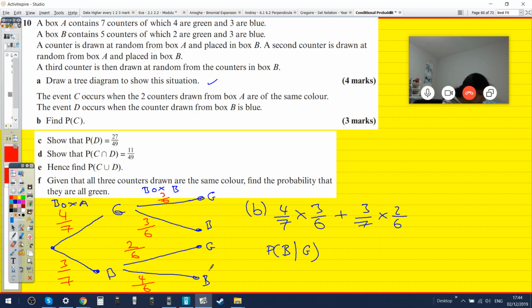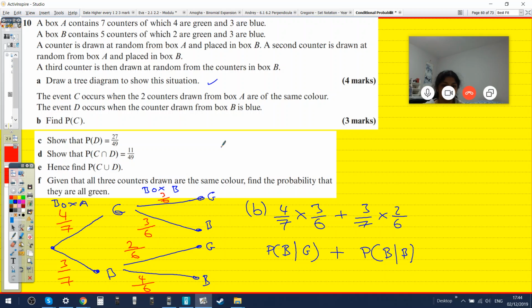Without any numbers though, this one down here, how could you get to this blue? Take out one blue from A and put it into box B. Yes. And so that would be the probability of blue, given that you already took a blue. Yeah. And what would you do with these two? You would add them. Yes. And so the probability of blue given green. Yeah, it's just 3/6, isn't it?